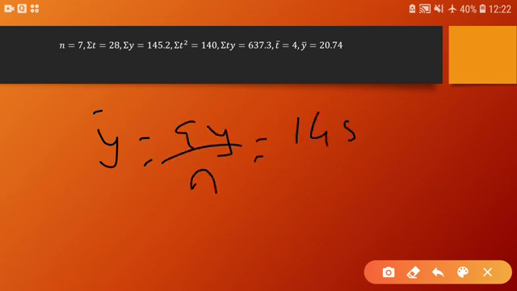Sigma y is 145.2 upon 7. So your y bar is 20.74.